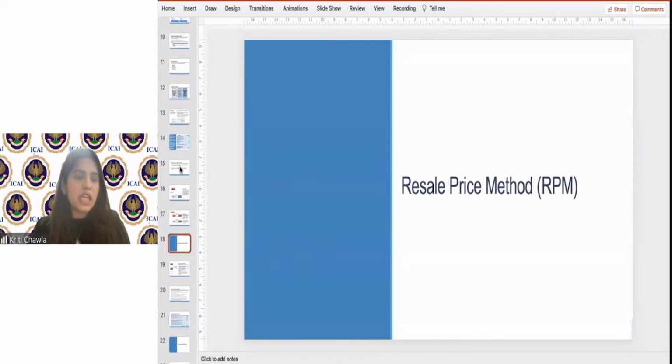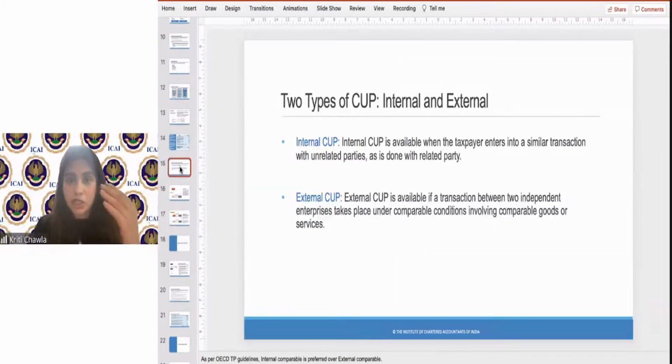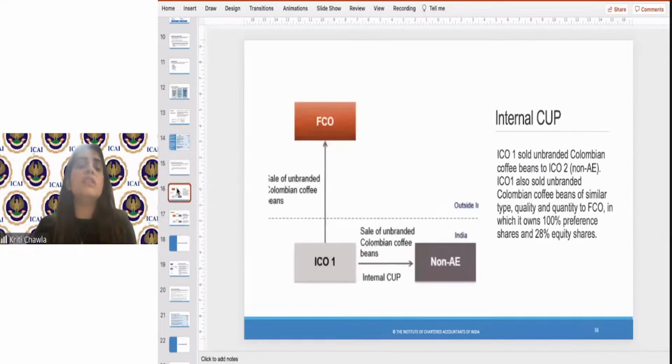Okay, so just as a recapitulation, there are two types of CUP. One is internal CUP, the other is external CUP. What is internal CUP? Internal CUP means that this is your transaction and your internal party is also transacting with another party.